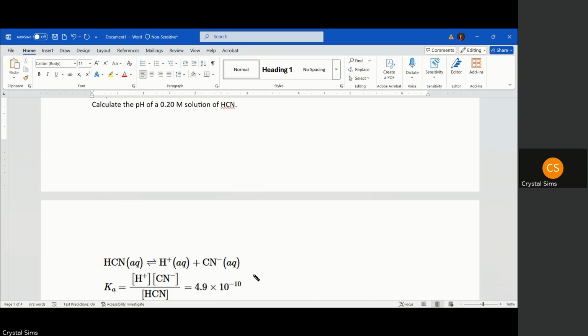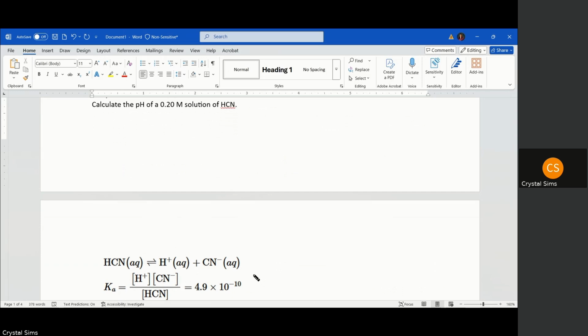So here is my formula, or my chemical equation. Here's my formula. So Ka is equal to the concentration of hydrogen ion times the cyanide ion divided by the hydrocyanic acid.